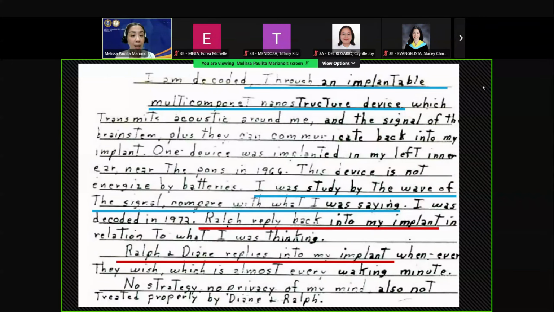This device is not energized by batteries. I was studied by the wave of the signal compared to what I was saying. I was decoded in 1973. Ralph replied back into my implant in relation to what I was thinking. Ralph and Diane reply to my implant whenever they wish, which is almost every waking minute. No strategy, no privacy of my mind, also not treated properly by Diane and Ralph.